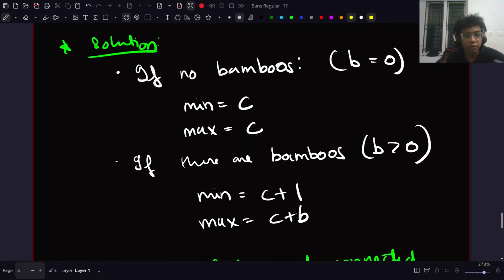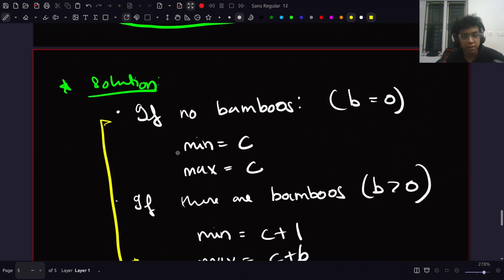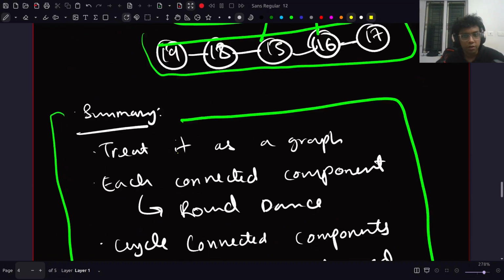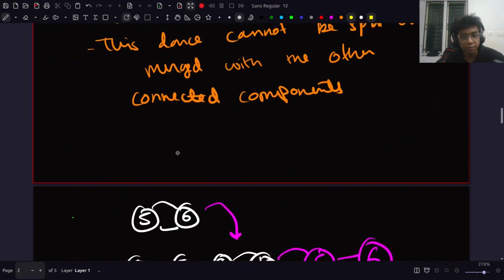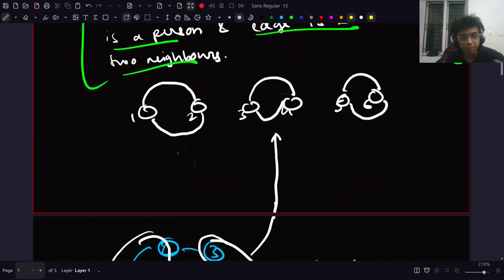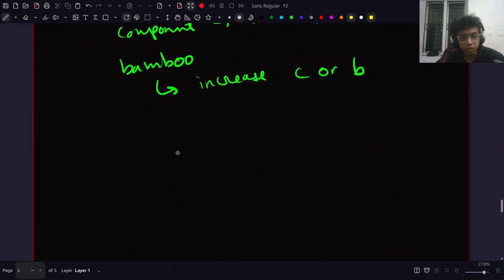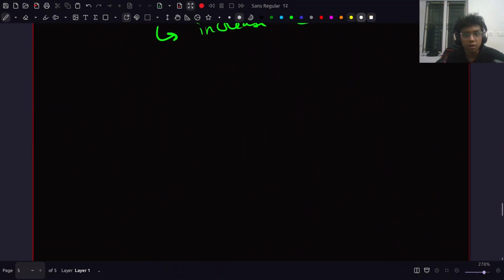Once we have the number of cycles and number of bamboos, we can simply print the answer, right? For the minimum and maximum number of round dances. Round dances are basically connected components. All right, so that is the observations for this problem.